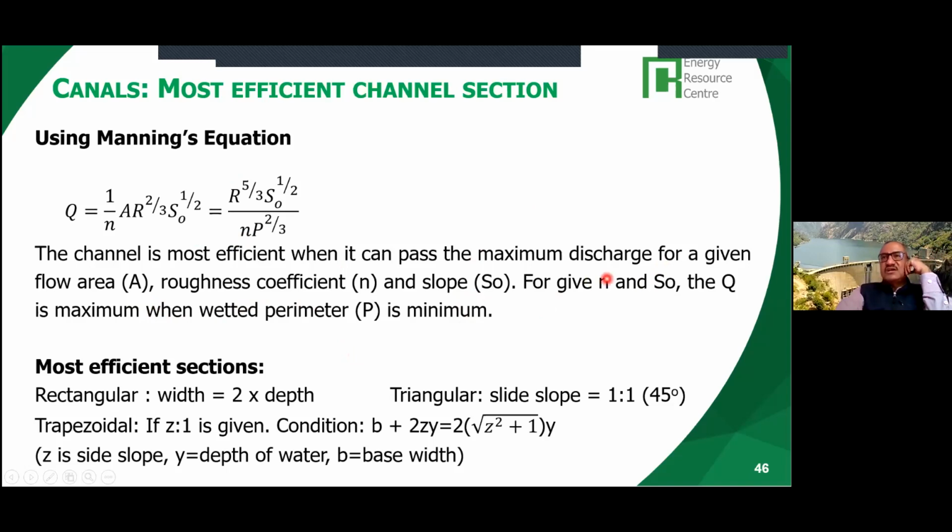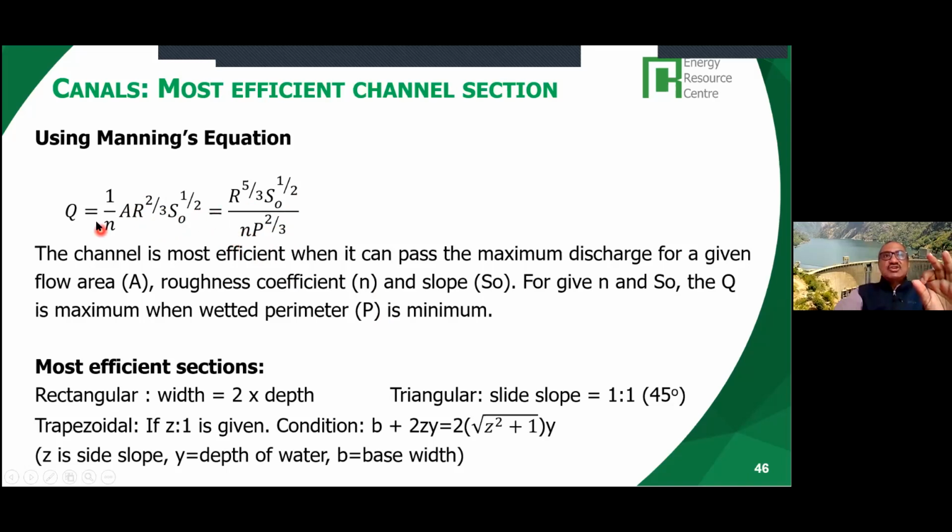For given n, the roughness coefficient, and the slope, the Q is maximum when the wetted perimeter is minimum, because the hydraulic radius is basically converted into area and perimeter.